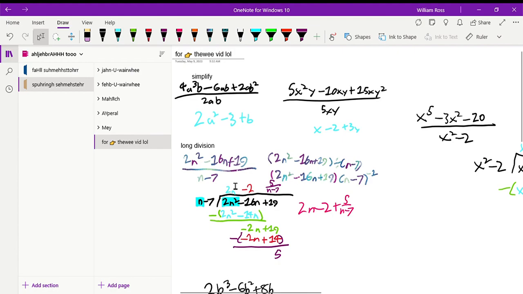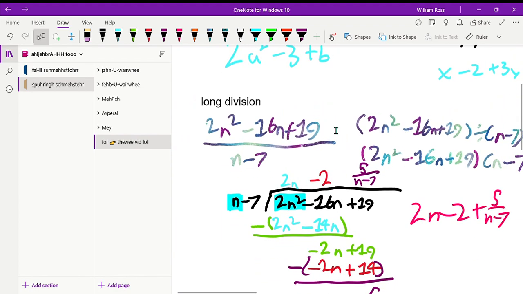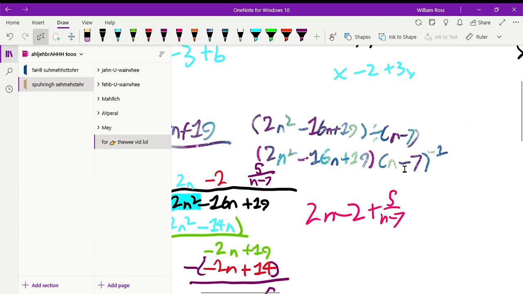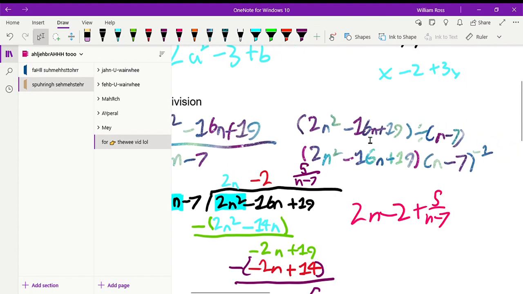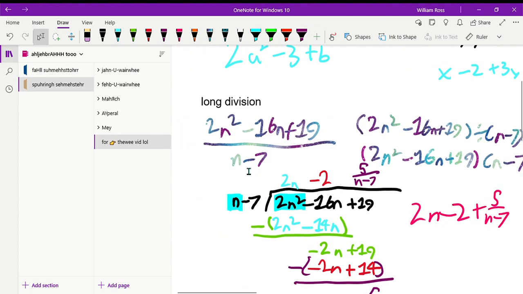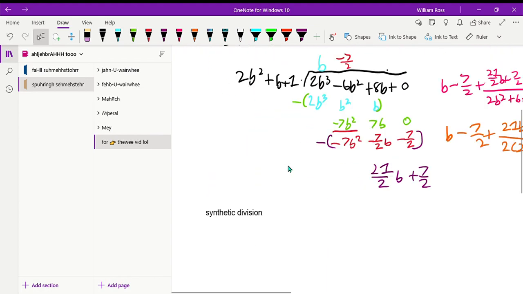But however, it only works if the denominator only has two terms, or a linear format, like mx plus b. So it only works if there's only two terms as a denominator. So let's try this problem again, but this time we're using synthetic division.